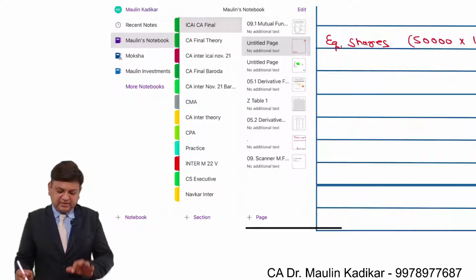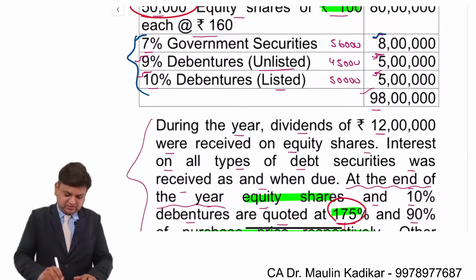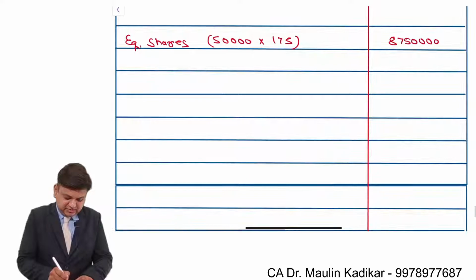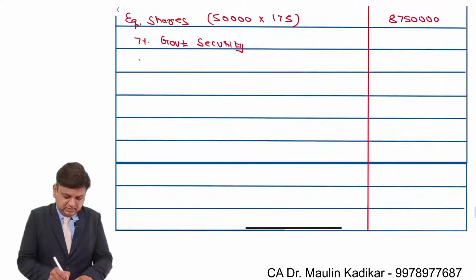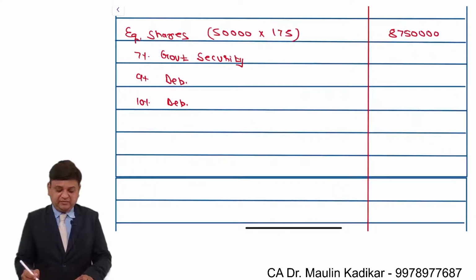Afterwards we have been provided with the 3 debt investments: 7% government security, 9% debentures and 10% debentures. That is the way we will have.